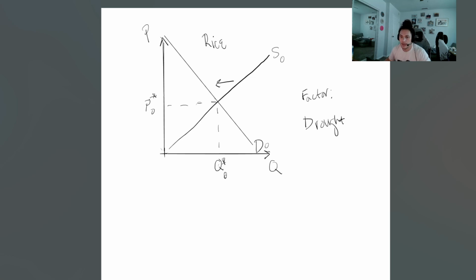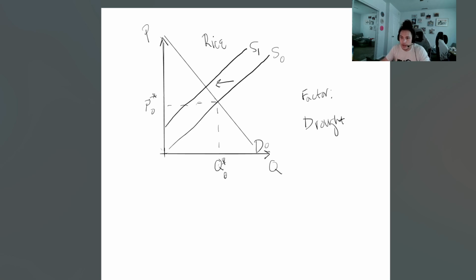So I'm going to have a parallel shift in my market supply. And because this is my new supply curve, I'm going to give it the subscript 1. That tells me that this is my new supply after I experience the drought.